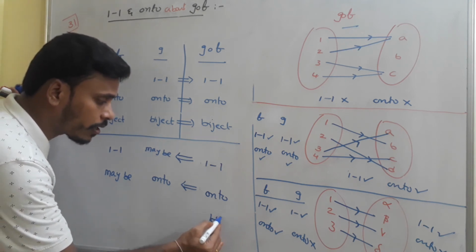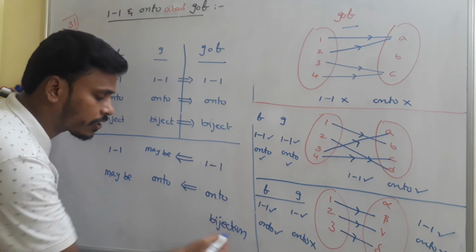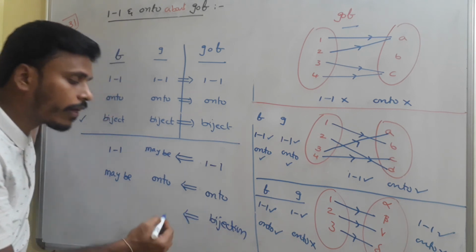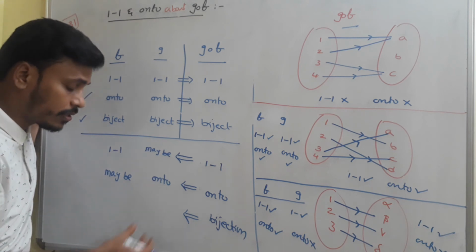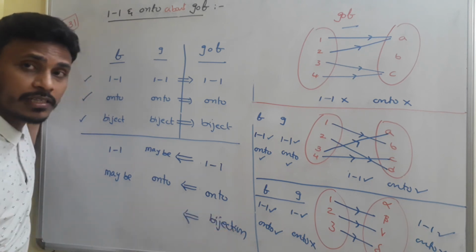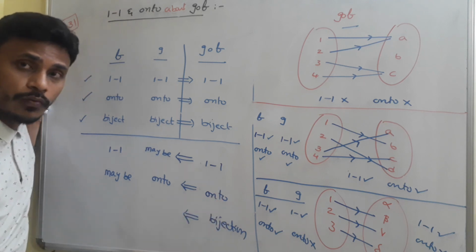If G circle F is a bijection, but I don't know about F and G, then how to analyze G circle F? Since G circle F is a bijection, G circle F is 1-1 and onto.